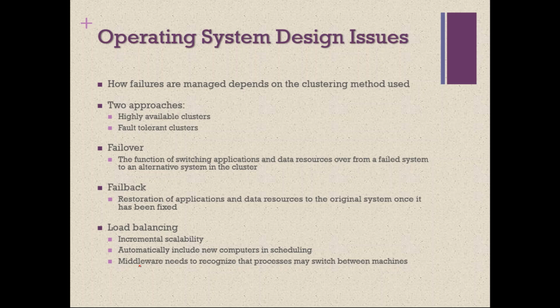Generally there are two types of approaches followed with clustering systems. One is called high availability clusters, the other is called fault tolerant clusters. The difference is that in the case of high availability clusters, the clusters will be available as much as possible.